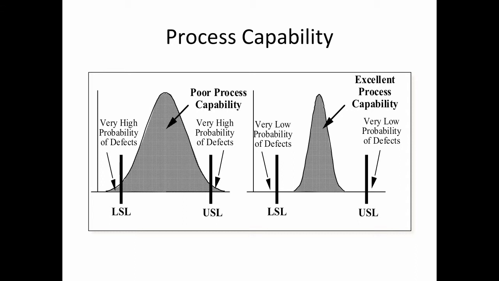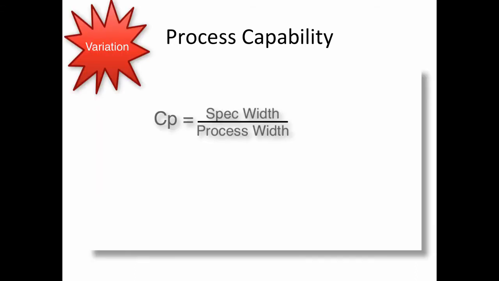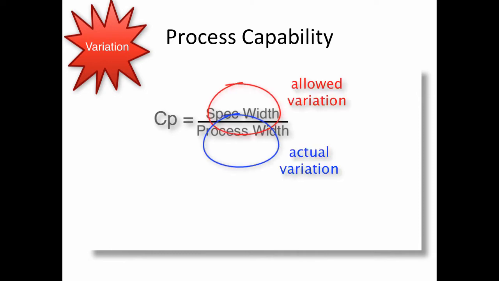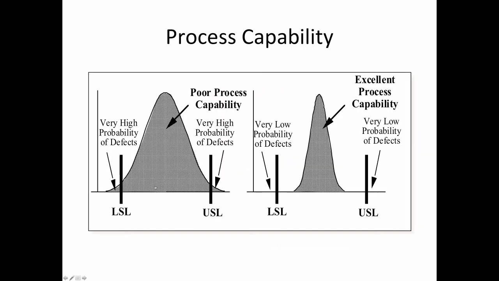CP is essentially a measurement of variation. It compares the variation that I'm allowed to have in my design with the variation that I actually have in my process. Looking at this graphic here, we can think of the lower and upper specification limits as containing all of the allowed variation for a design. That's our specification width.